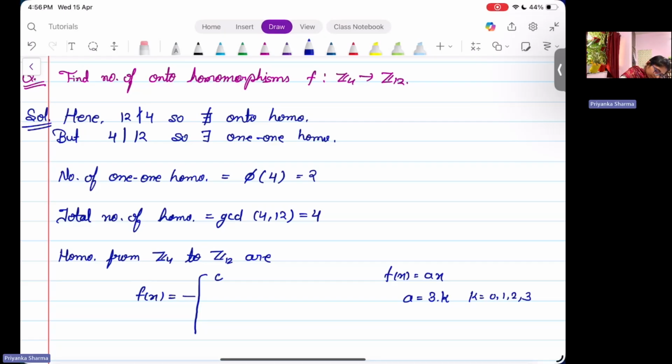So this will be 0, 3, 6, and 9. Okay, so these are the homomorphisms.